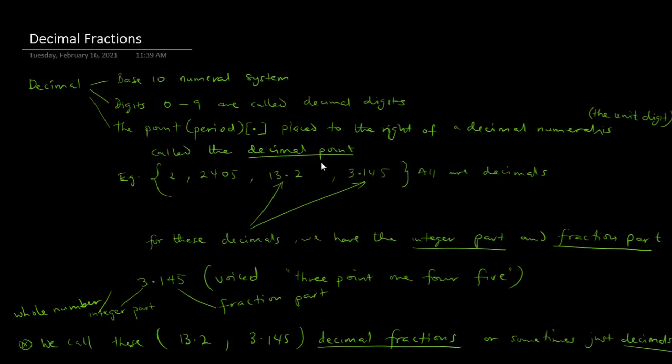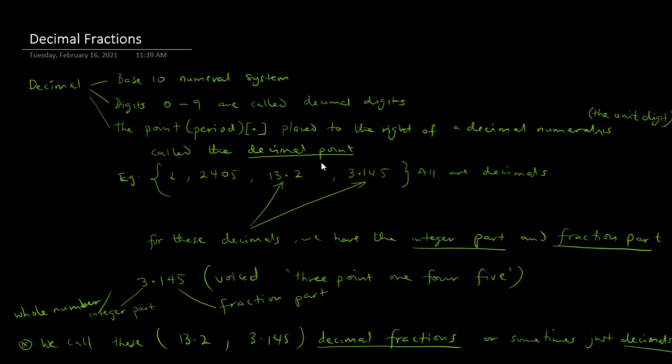The digits 0, 1, 2, 3 to 9 are called decimal digits. Now, the period or point placed to the right of the unit digit in a decimal numeral is called a decimal point.